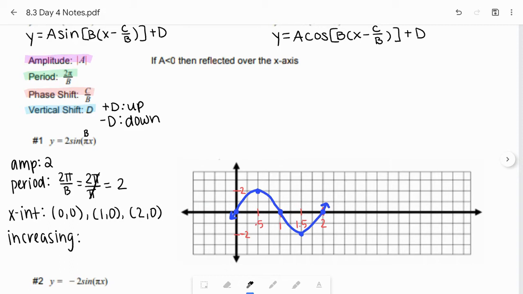The increasing intervals would be from 0 to 0.5, and then also from 1.5 to 2. That's where I would be increasing. I'm increasing here, if you can see that highlighted in light blue, and I am again increasing right there. Everywhere else I'd be decreasing.